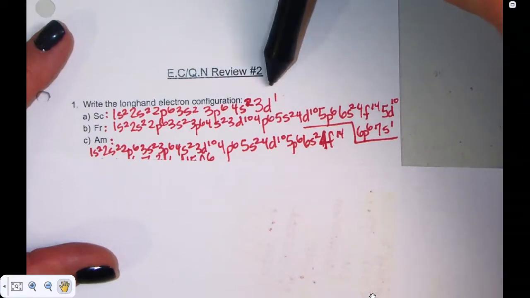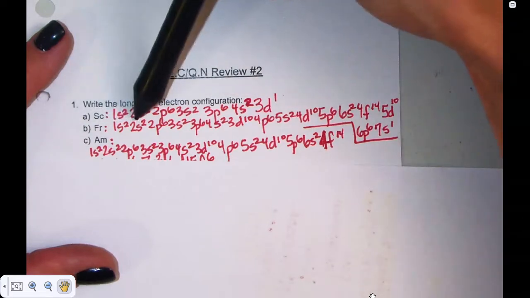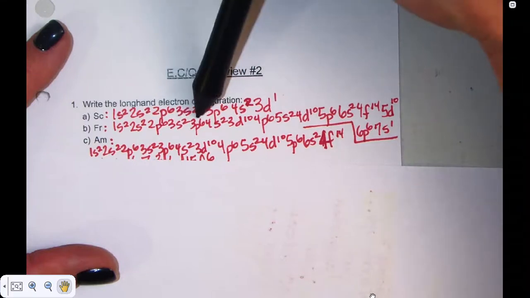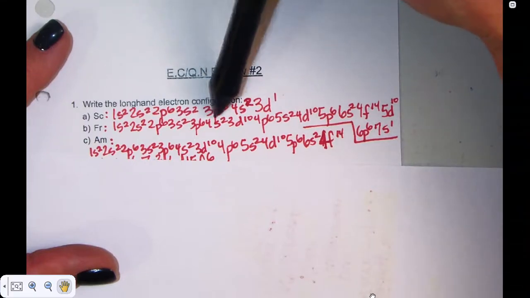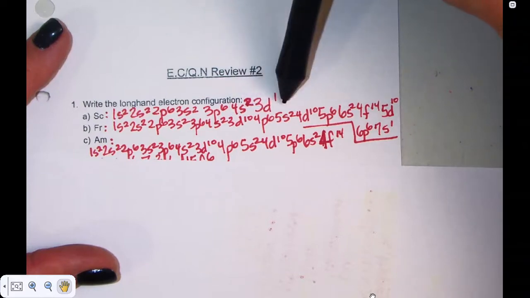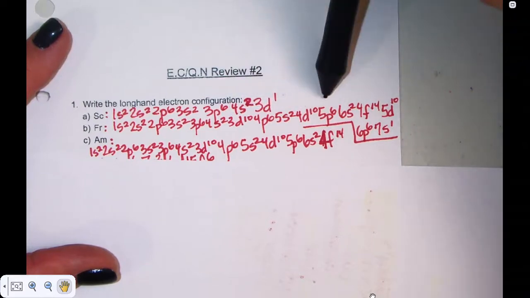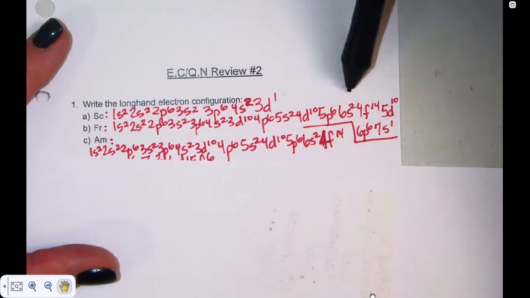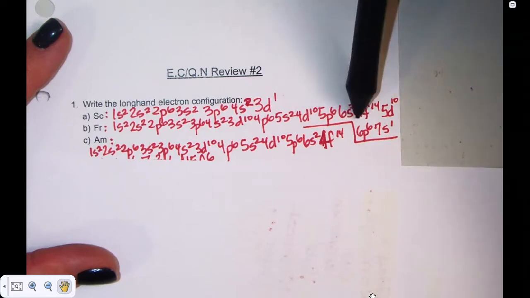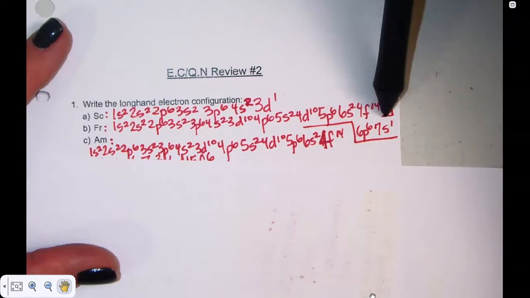For francium, 1s2, 2s2, 2p6, 3s2, 3p6, 4s2, 3d10, 4p6, 5s2, 4d10, 5p6, 6s2, 4f14, 5d10, 6p6, 7s1.